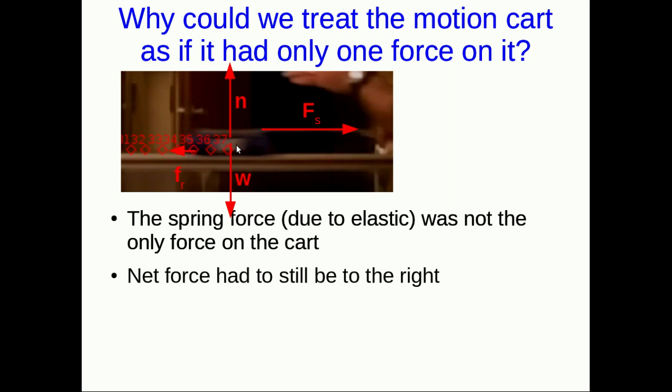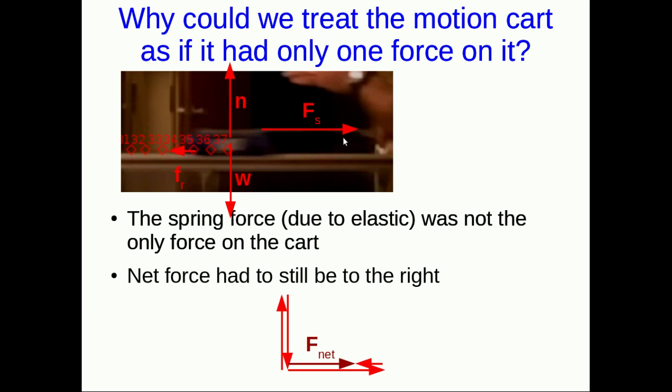That would cause the cart to leave the track. Similarly, if the weight was larger than the normal force, that would be even stranger. The cart would have accelerated down into the track. So because we know that the cart accelerated to the right, we know that the weight and the normal force add to zero vectorially. So they're in opposite directions, and it turns out they must have equal magnitude so that they cancel each other out.